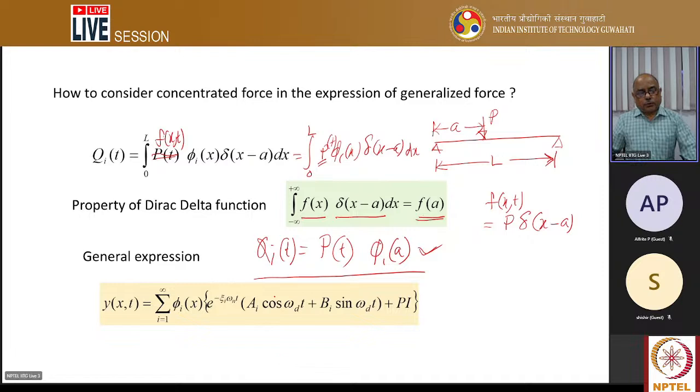Now, considering the homogeneous part of the solution that exists due to initial conditions, we write the complete solution as this. This is the mode shape function multiplied by the time function.